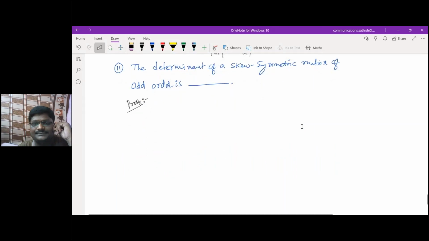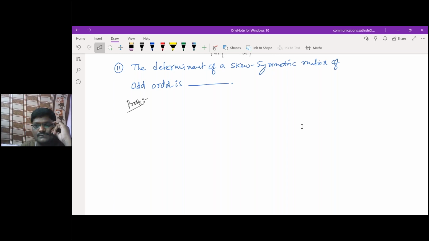Yes. Any idea? Sir, minus 1 into 30, sir. Up to somewhere you got it. Then you have to extend some. For odd order, we should multiply with minus 1, sir. If we take skew symmetric, A transpose equals minus A, sir.